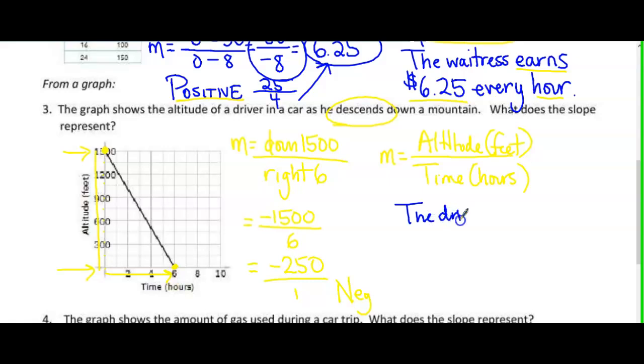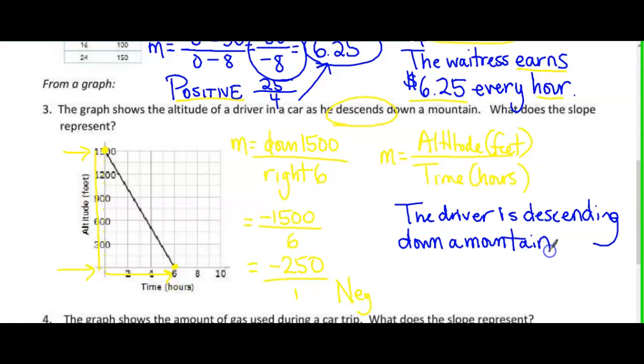The driver is descending, there's my negative, down a mountain, 250 feet every hour. So I'm looking for decreasing 250 every hour.